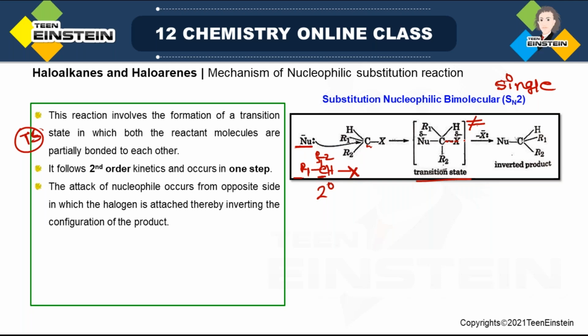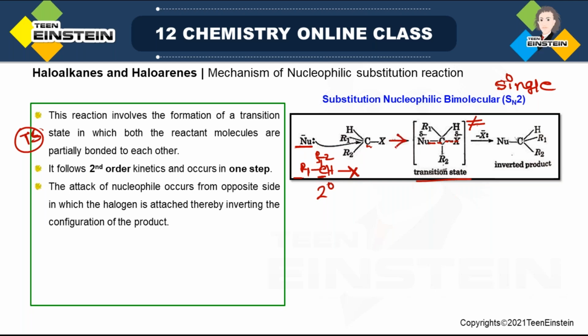Dotted line means the bond between carbon and halogen is just starting to cleave, and the bond between nucleophile and carbon is just starting to form. So the bond between nucleophile and carbon is gradually formed, and the bond between carbon and halogen is gradually broken. Okay, so this is the transition state.